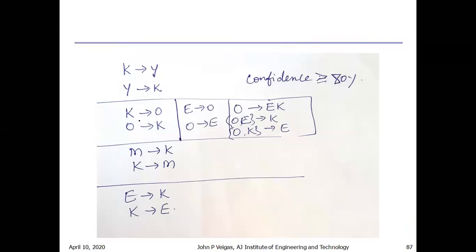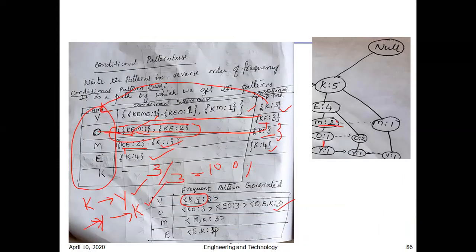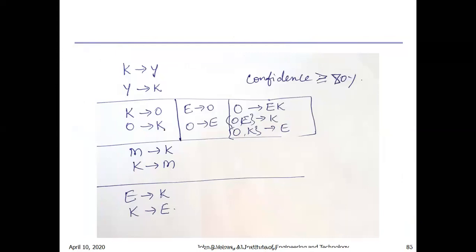Similarly, I can generate rules from KO, EO, OEK. So K to O, O to K, E to O, O to E, then O and E with K on the right hand side, and O and K with E on the right hand side.